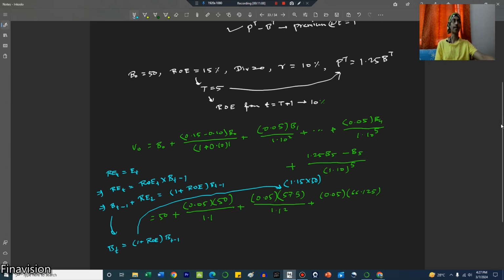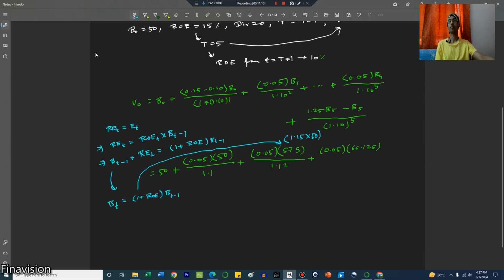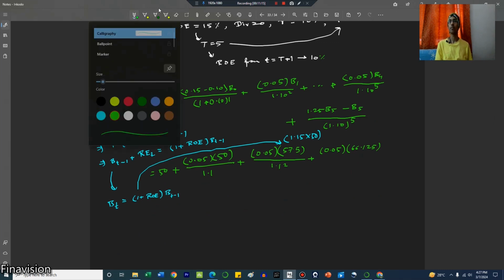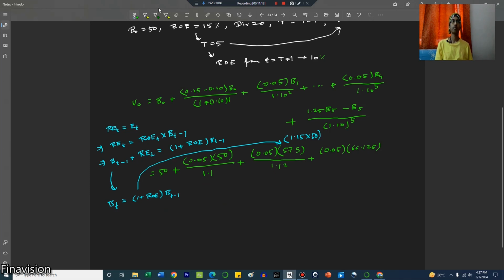So we move on with our existing calculation here. Plus 0.05 into 66.125 into 1.15, again based on our same theory that if there are no dividends, you can simply compound the book value at ROE to get the new book value.